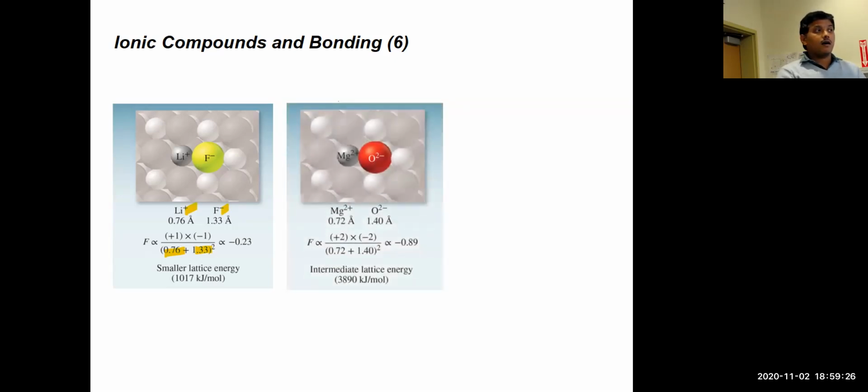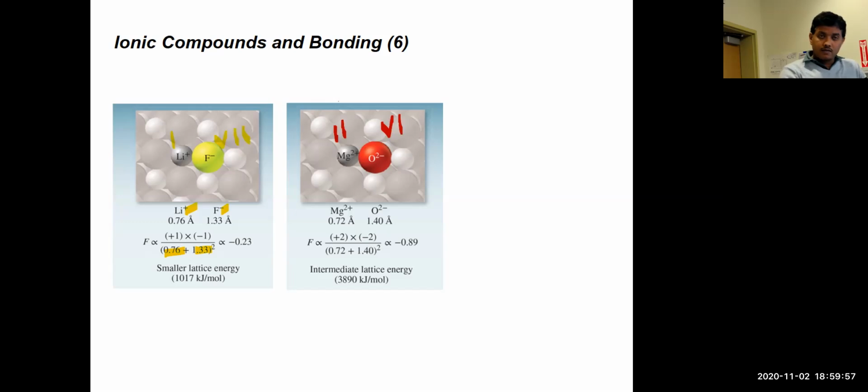Let's say you have elements from group 2 and group 6. What difference does it make? Compared to elements from group 1 and group 7, which we have here, let's see what happens if you had elements from group 2 and group 6.